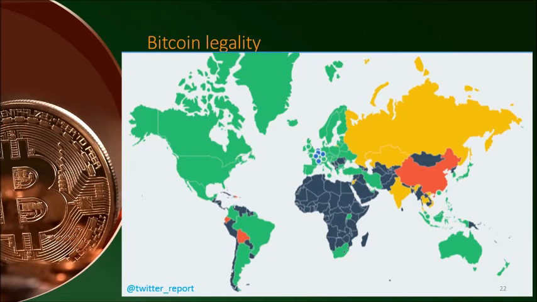You can see the red portion, that is China, which has banned the use of Bitcoins or cryptocurrencies. The black portion shows that they are unaware of Bitcoins, but in the context of Nepal, it has also banned the use of Bitcoins since May of 2017.